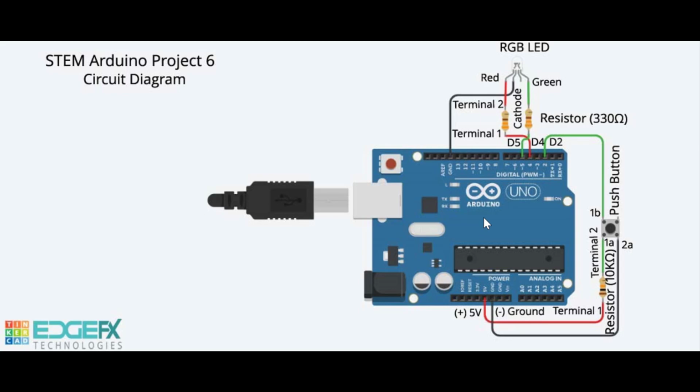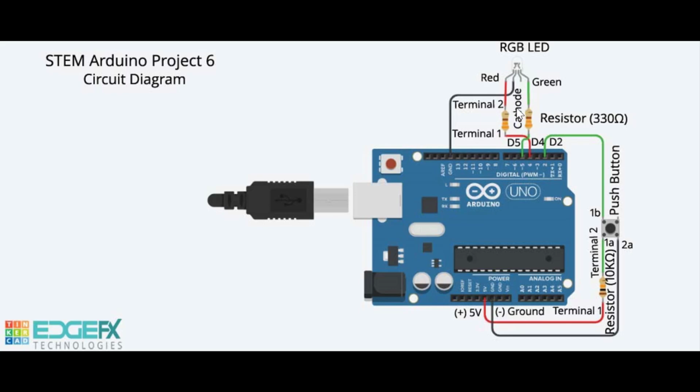The program is written in such a way that when you press the push button switch, the input pin D2 changes the state to logic low and the output pins D4 and D5 change the state to logic high in closed path 2 and 3.